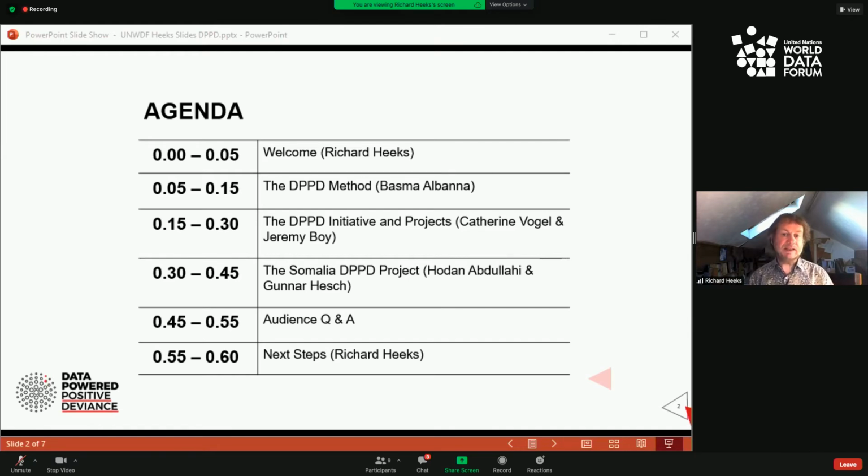Then we'll have a short presentation from Hodan Abdullahi, head of exploration for the UNDP Accelerator Lab Somalia, and Gunnar Hesch, project advisor with GIZ, who've worked on one of the first DPPD, that's data-powered positive deviance projects, looking at land conservation outliers in Somalia.